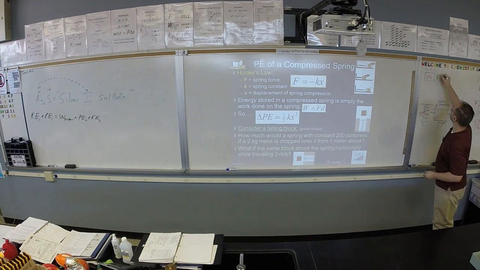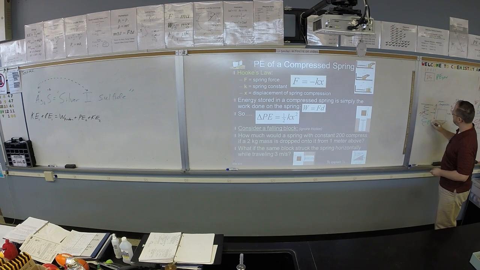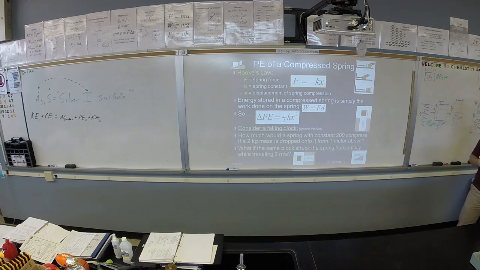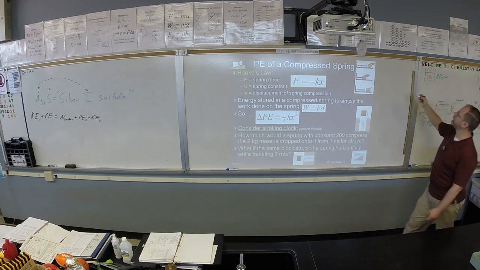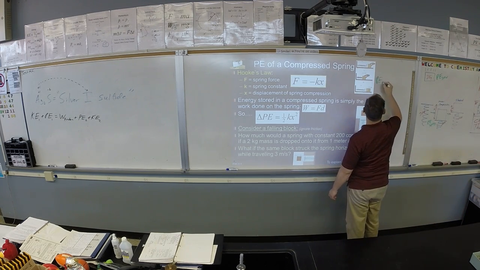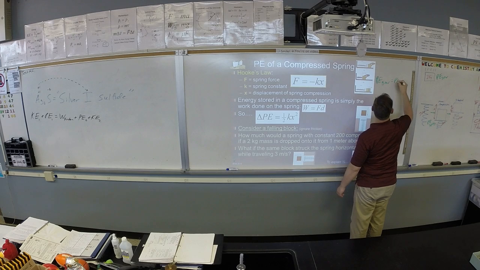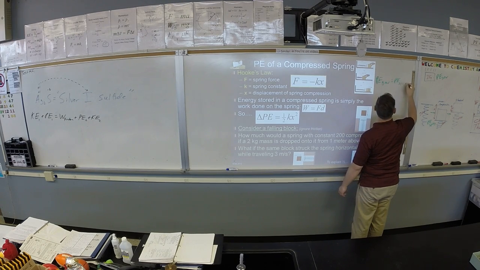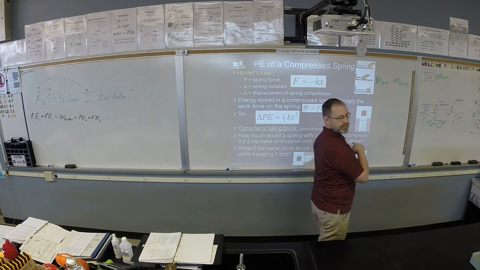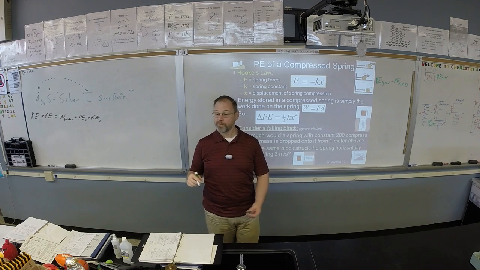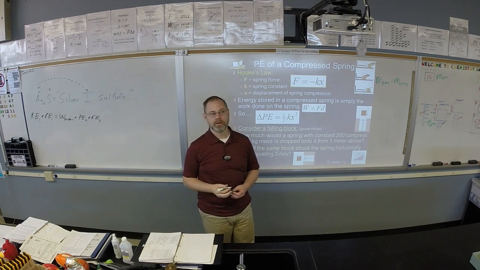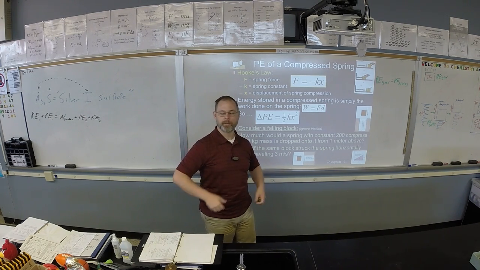Up here we have PE grav, and down here we have PE spring. And how do those relationships compare? They're the same, okay? So good. We're going to set the PE grav equal to the PE spring, and then we're going to solve for x. So if you have it in your notes, good for you. If you don't, go ahead and do it, so we can catch ourselves up to where we were on Tuesday.